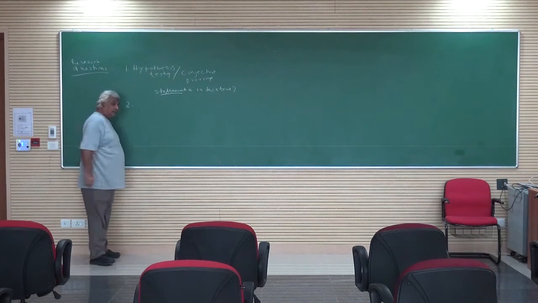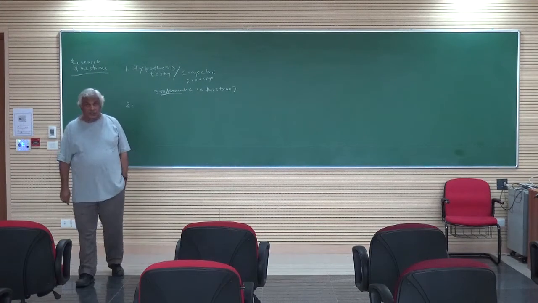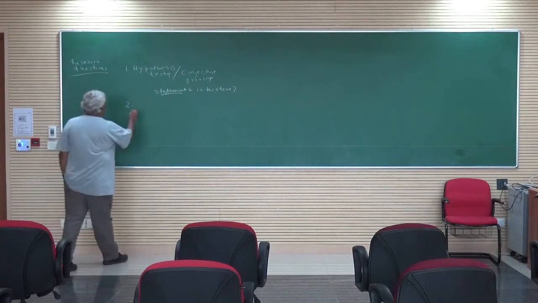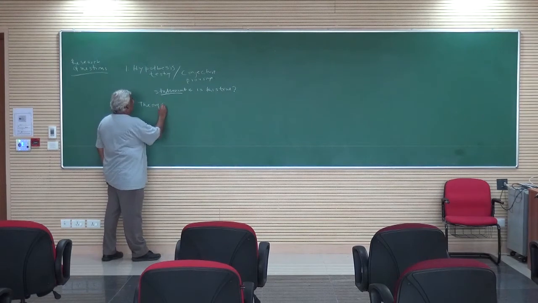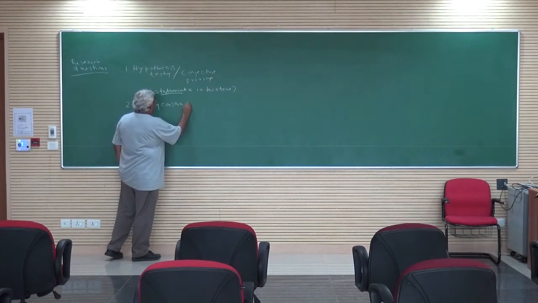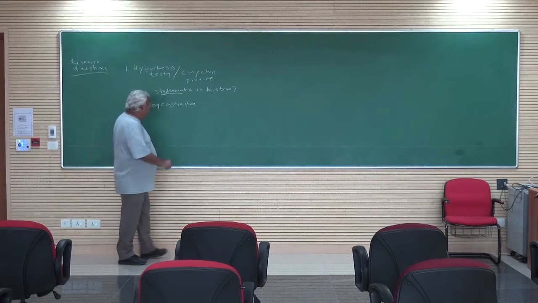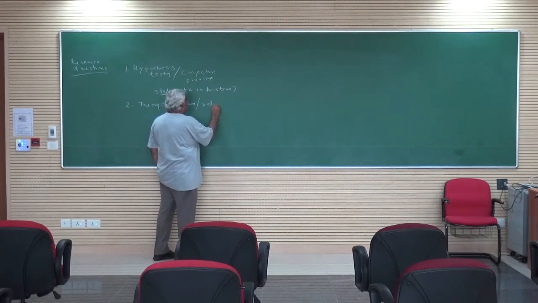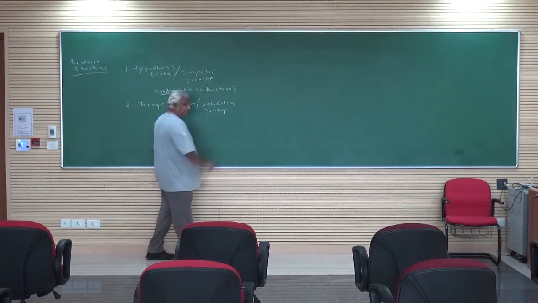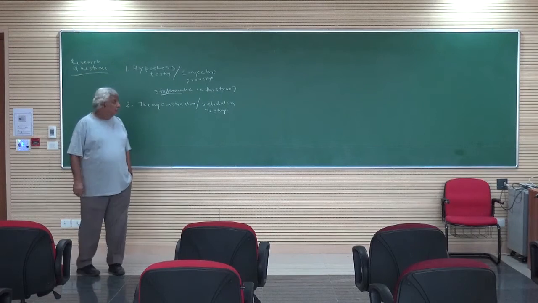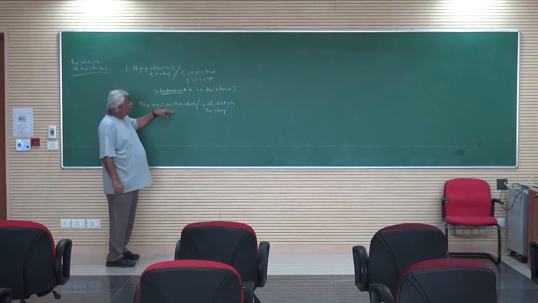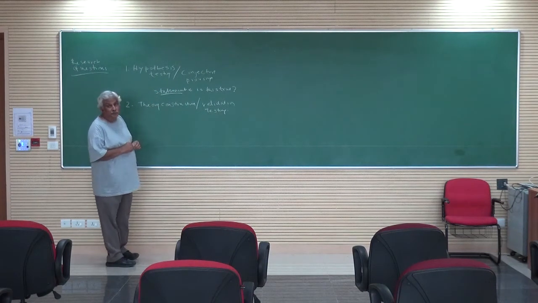The second type of research is that of theory construction. Theory construction and theory validation, theory testing, and so on. A theory in science is the explanation for a set of statements here, the observational generalizations here, which have been shown to be true.